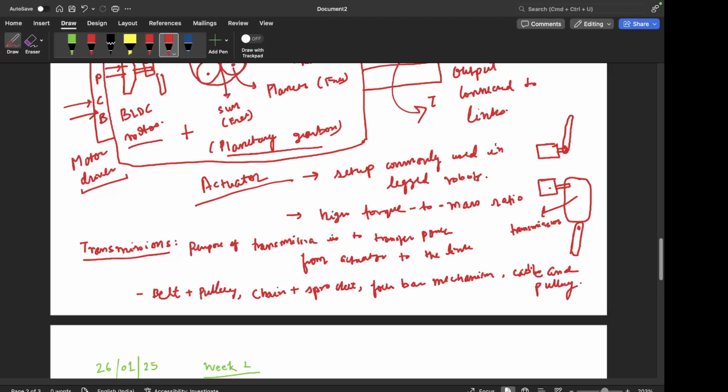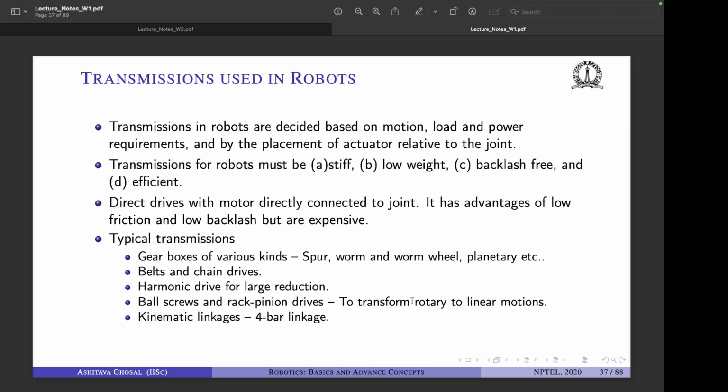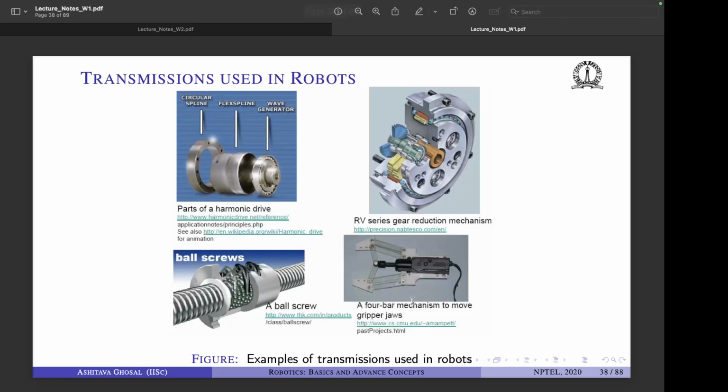So these are some common types of transmission that are used in the robotics domain, right? So transmission transfers motion to different joints and to different directions, right? And a gearbox also comes in, you can classify that also as a transmission as described here, right?